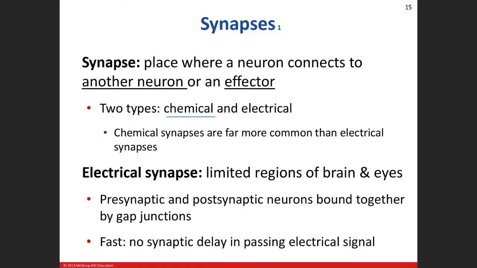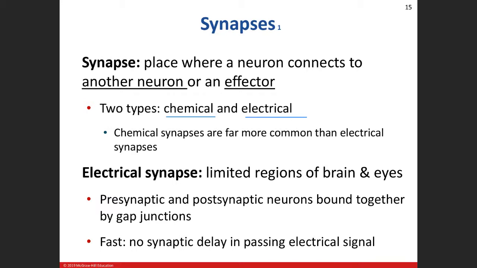Chemical, which we're going to spend most of our time on, and electrical. We're going to mention electrical here, but then we won't talk about it too much more after this. Chemical synapses are the ones that involve the neurotransmitter. They're far more common in the actual body, so we need to have a good understanding. Electrical is pretty much going to be found just in the brain and the eyes.